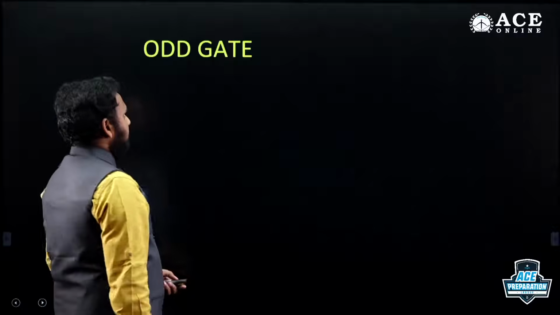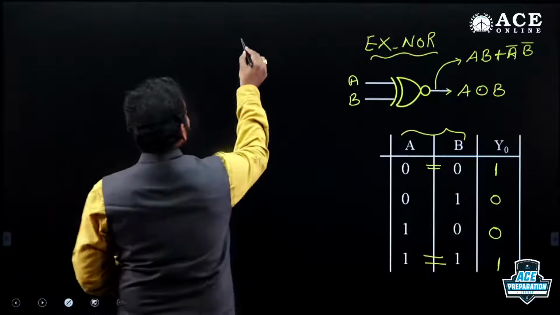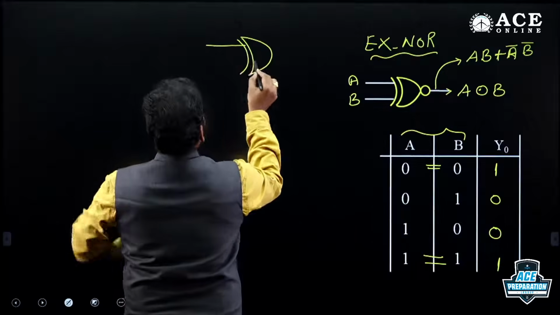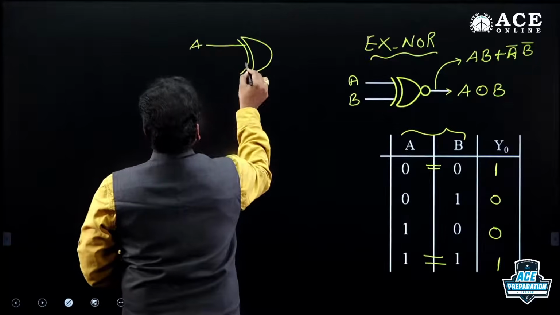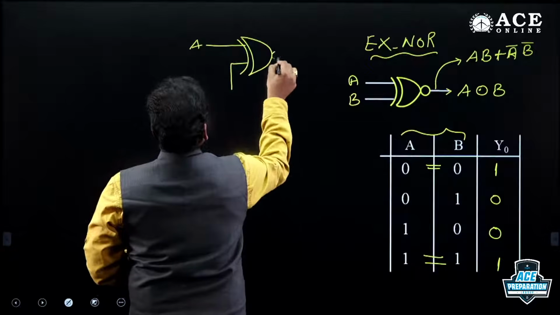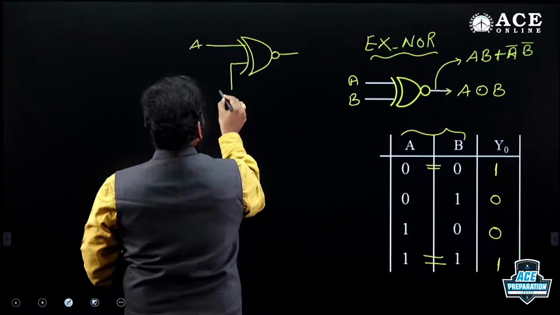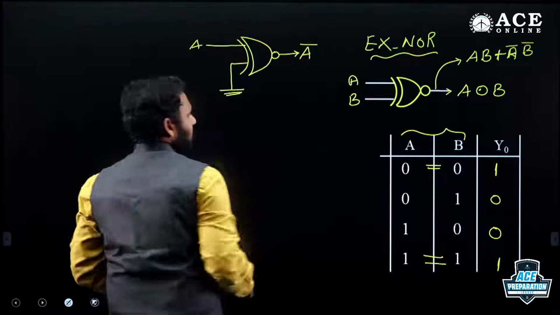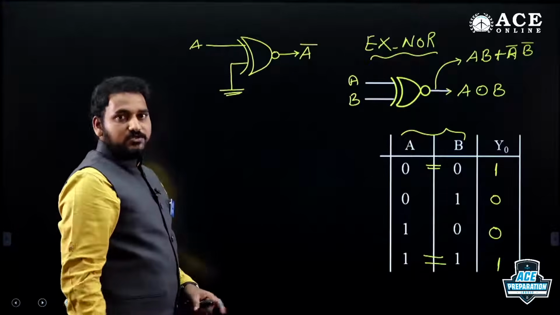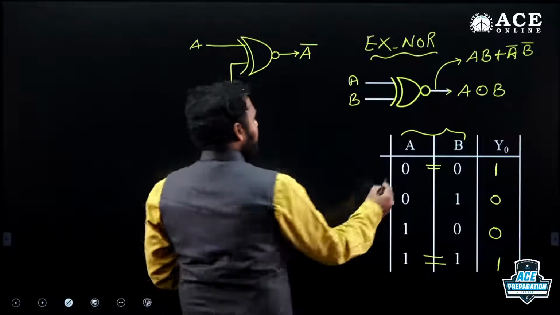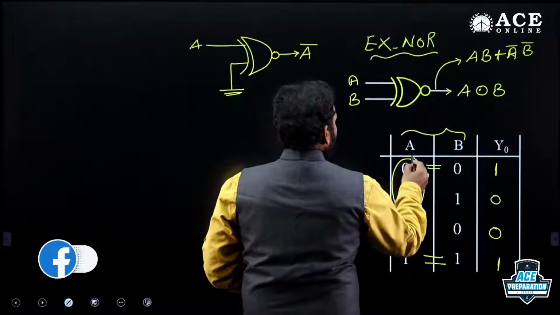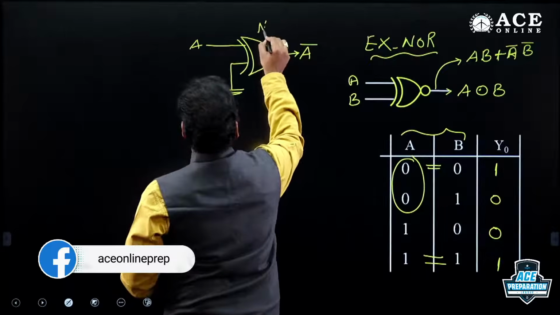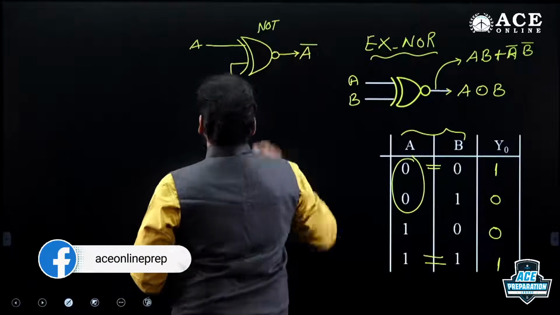And similarly, XNOR gate. Let us say it is an XNOR gate, right? This is ground. It will act as A bar. I don't give more explanation because you know the procedure. If one input is 0, 0, 1, 1, 0. Output is complement of input. It is acting as NOT gate or inverter.